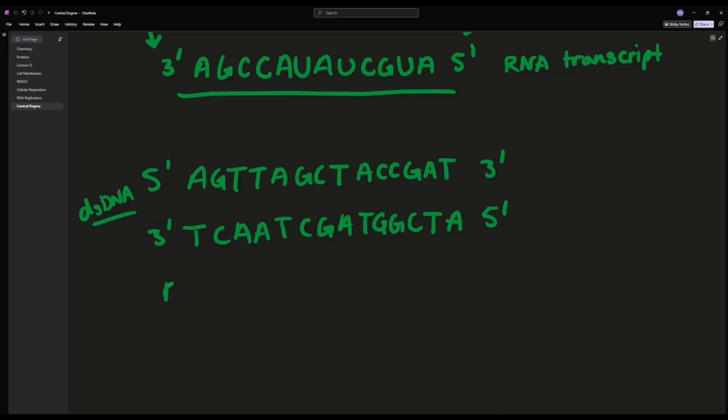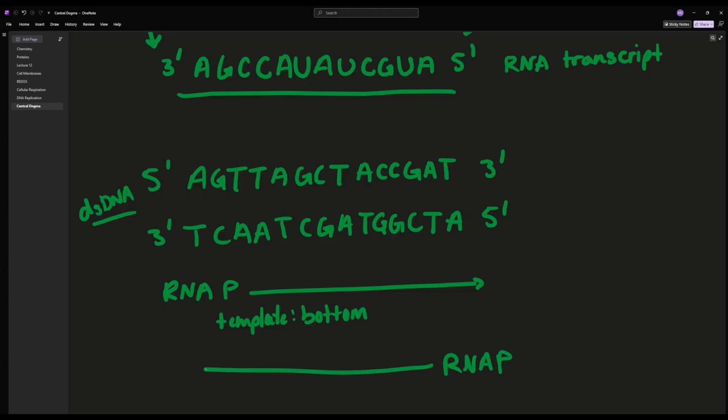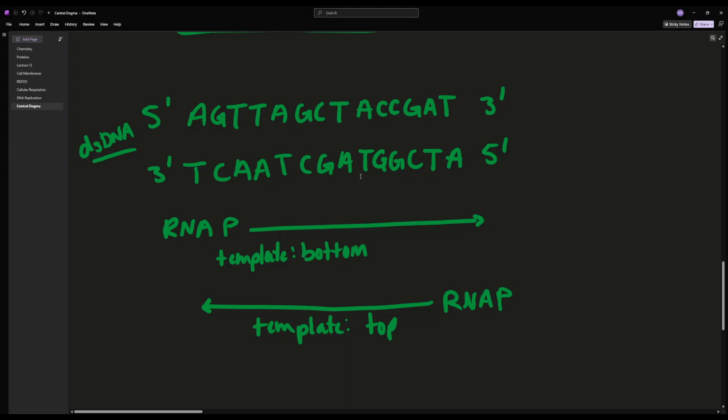So if RNA polymerase is moving in this direction, then the template strand is the bottom strand. However, if RNA polymerase is moving in the opposite direction, the template strand, remember, it's the one that goes 3 to 5 because that's the direction it reads, is now the top strand. Based off of this information, we cannot figure out which one is the template strand.